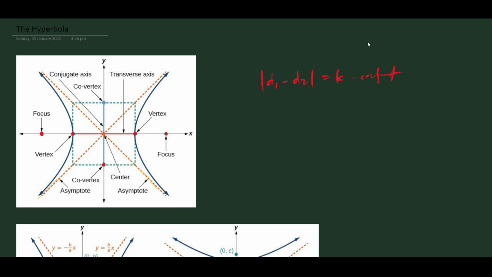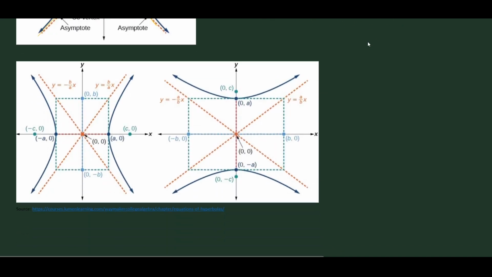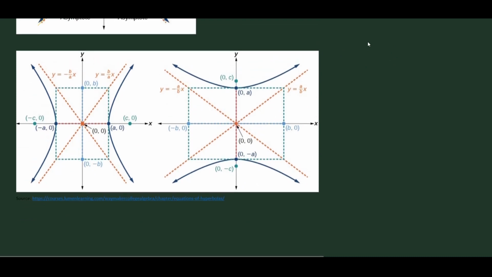Now let's move on to showing the standard form of the hyperbola. Okay, so as you can see here, let's first write our a here, which is the distance from the center to one vertex. This is more or less the same notation as in the other conic sections. And also, as you can see here, c is the distance from our center to the focus.